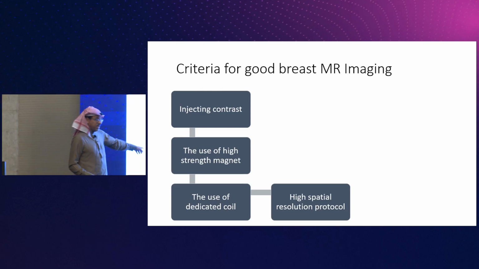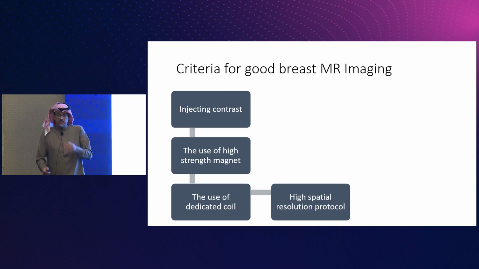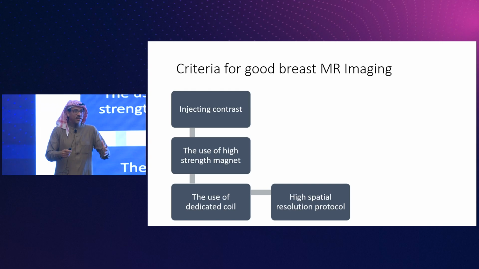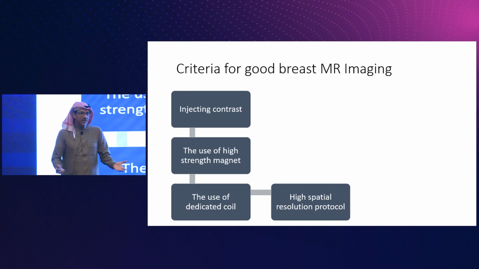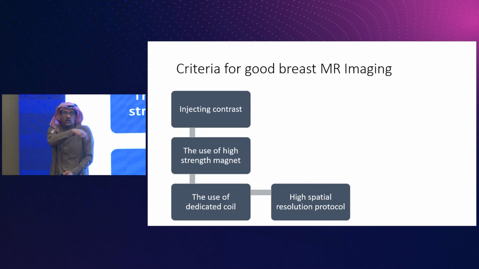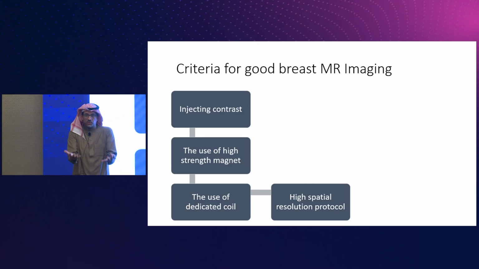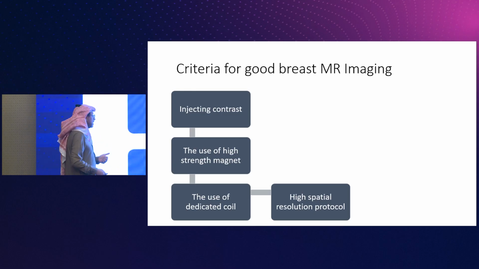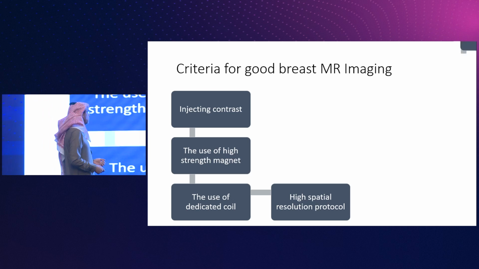By the way, this is amazing, a dedicated coil. I have worked locum in a hospital, and the coil wasn't a coil. It was a fallina. And the coil we use for shoulder, the loop coil in Philips, you just put it there. So it's not really a coil. We need a high spatial resolution protocol.